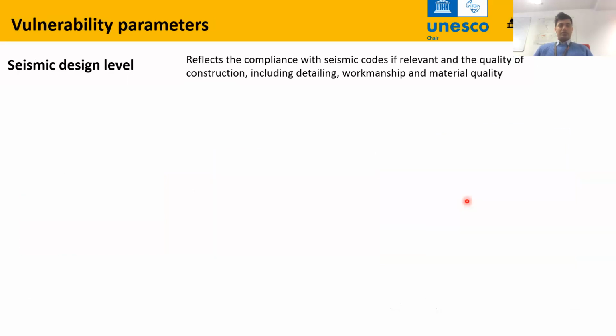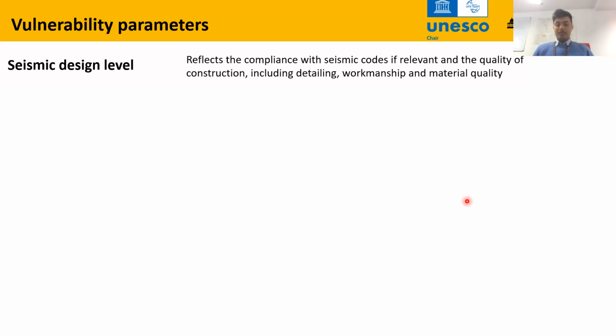The third parameter is the seismic design level, which is the most important parameter for the lateral resistance of masonry buildings. The seismic design level means how compliant the building is with the seismic codes in the region, or how well the building is built using traditional craftsmanship, for example. It does not necessarily have to follow the codes.